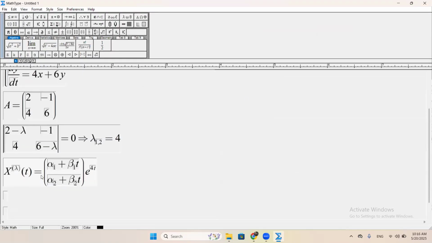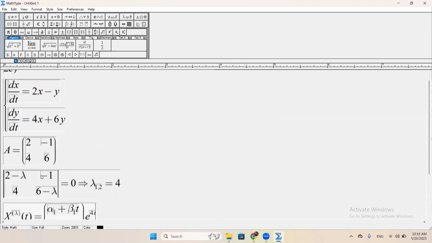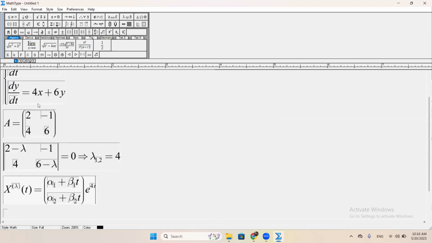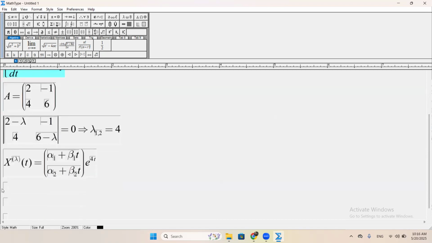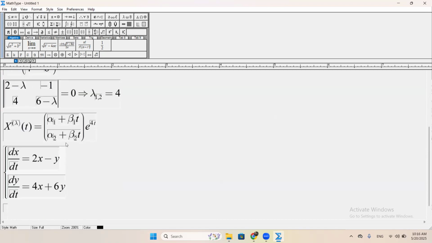So the following solution will be, and how to solve it, we will substitute it into the initial equation and use the method of undetermined coefficients. So we will find the undetermined coefficients alpha and beta.